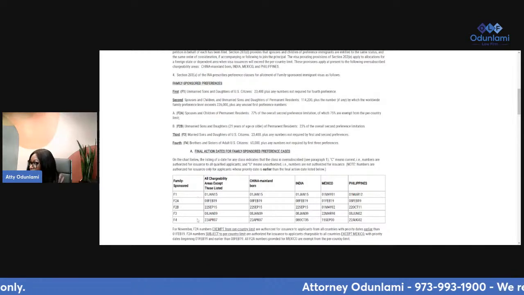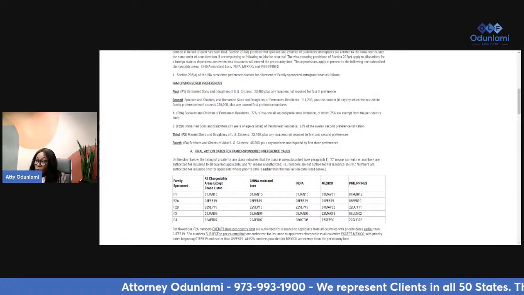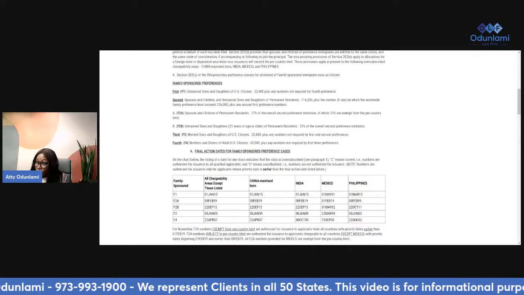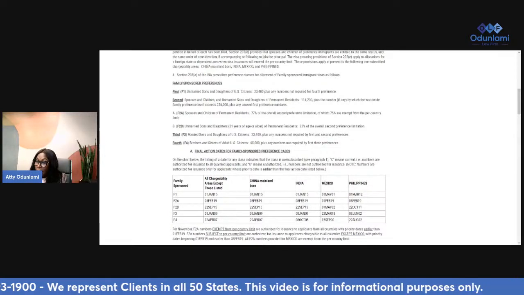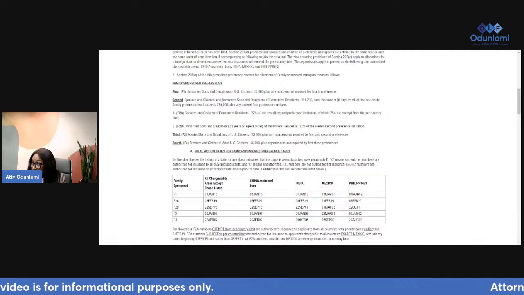These are the categories. And so the good thing about the preference category is that when you file for somebody in a preference category, your children under the age of 21 could be derivatives in that same petition, which means you don't have to file a separate I-130 for them.